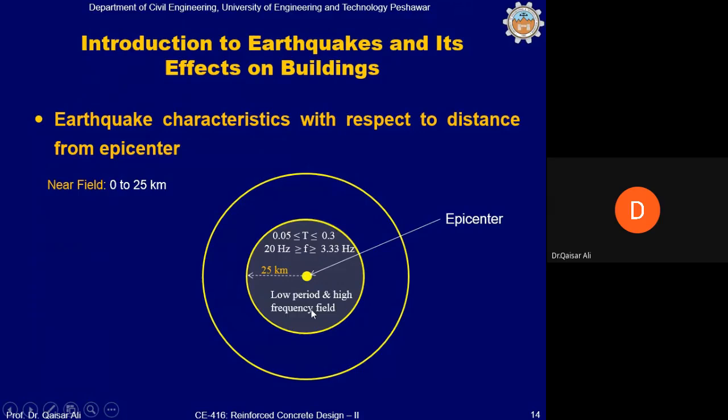So within this 25-kilometer epicentral radius, the field is called as near field. This location is called as near field location or near field region.